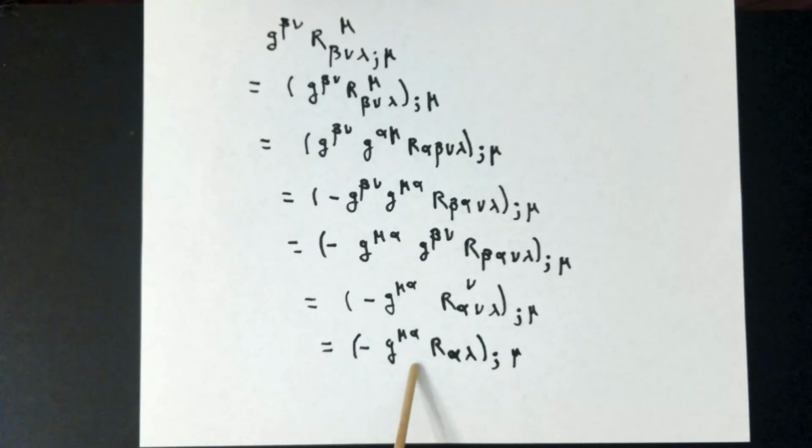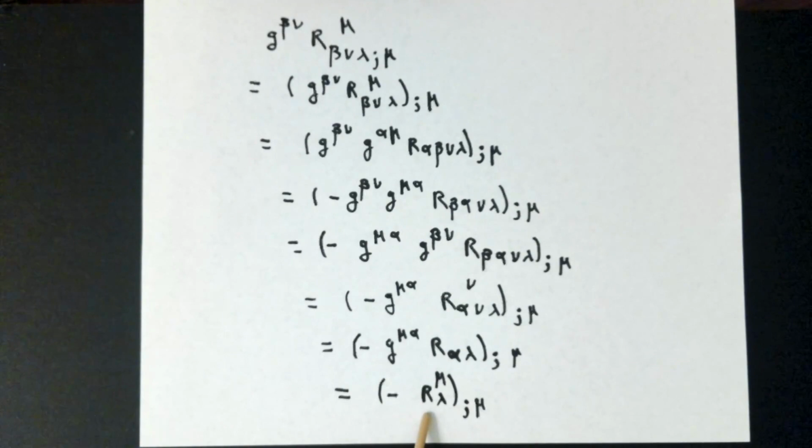We multiply this by g mu alpha, sum over the alpha, and then do the covariant derivative, summing over mu. Using our raise and lower index properties again, we see that the third term in the double contracted Bianchi identity is just the covariant derivative with respect to x mu of negative R mu upstairs lambda downstairs, with mu obviously being an index of summation.